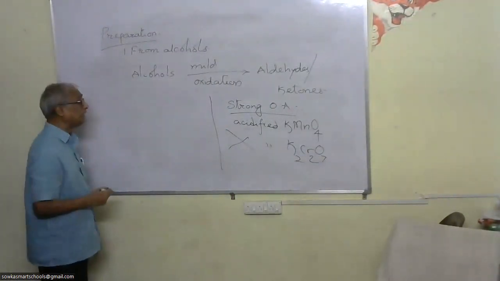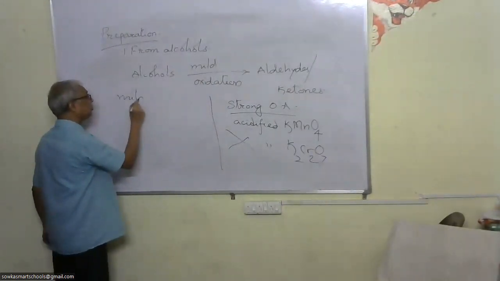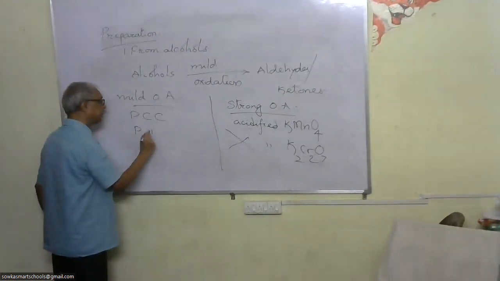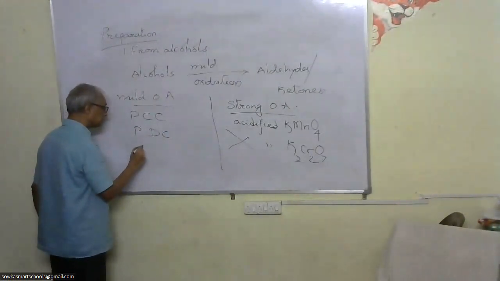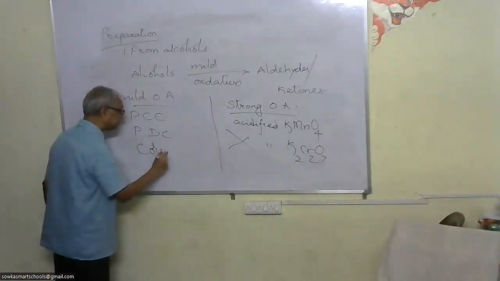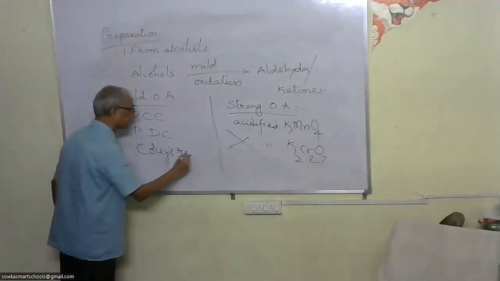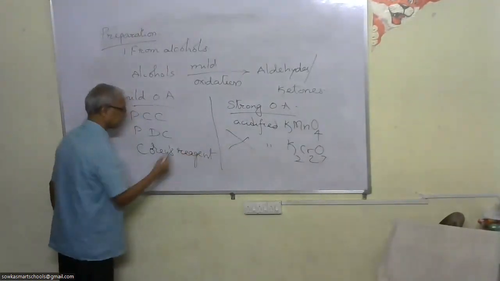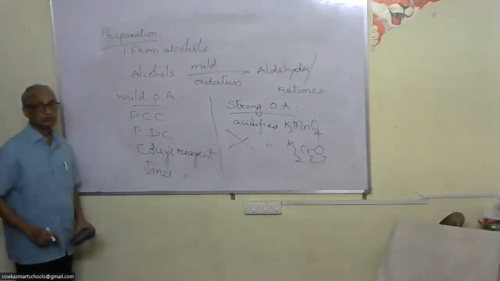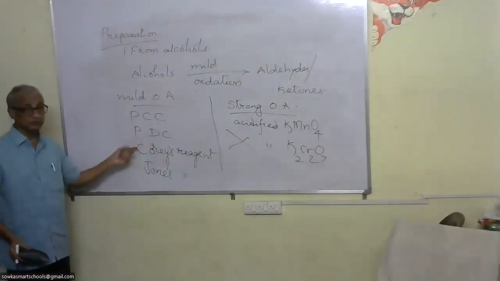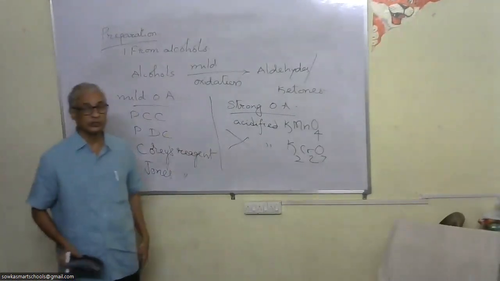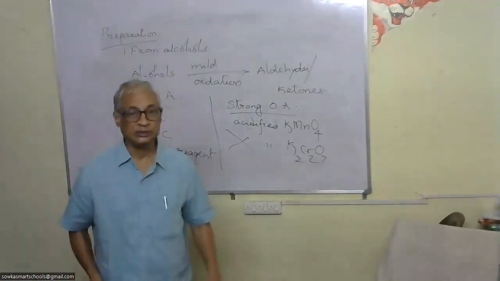We have to use only mild oxidizing agents. Those mild oxidizing agents are PCC, PDC, Pfitzner-Moffatt reagent, Jones reagent, like this. Now I'll explain what is PCC. First of all, you have to know about reagents. Only after knowing about reagents, you can understand the reaction.